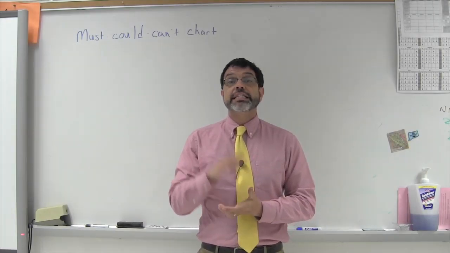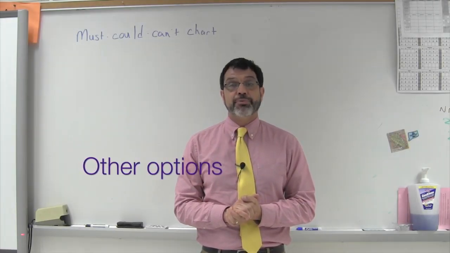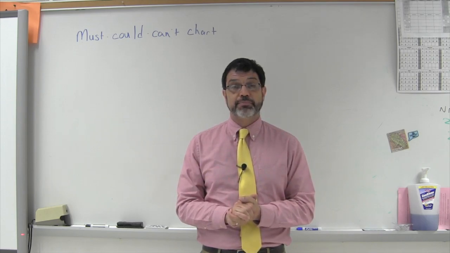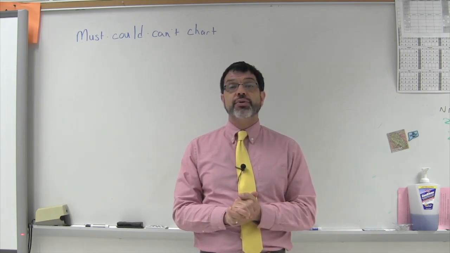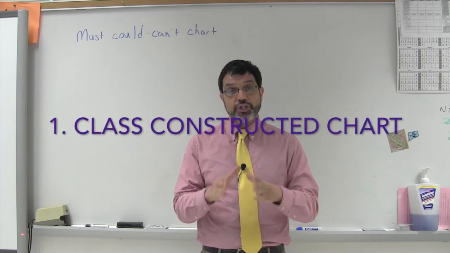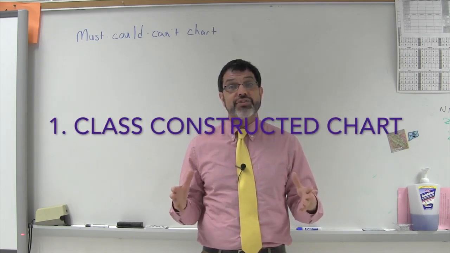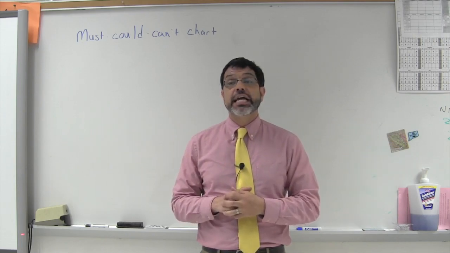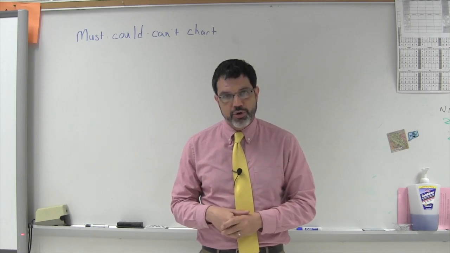Teachers, I also want to give you some other options that you can do with this must, could, can't chart activity. So one of the things you might want to do is you might want to make students make a must, could, can't chart as a class for one big writing. Because the idea there is that all writing is defined by community of writers.